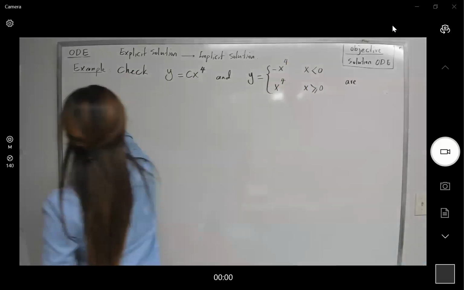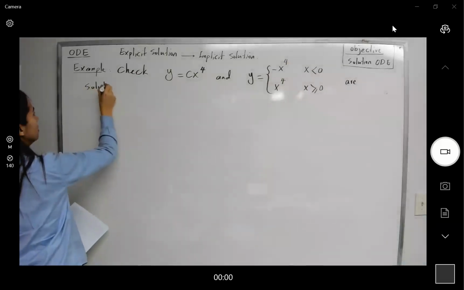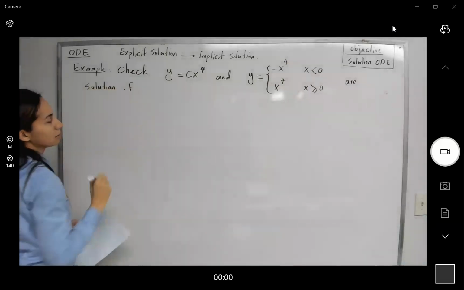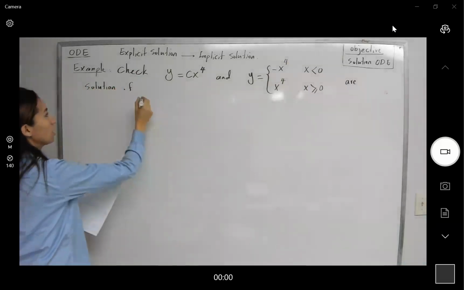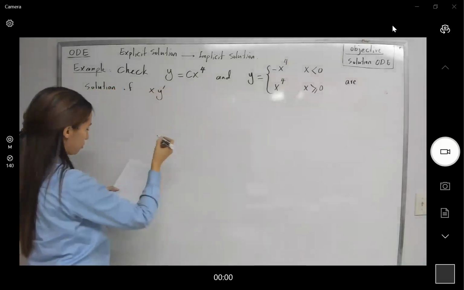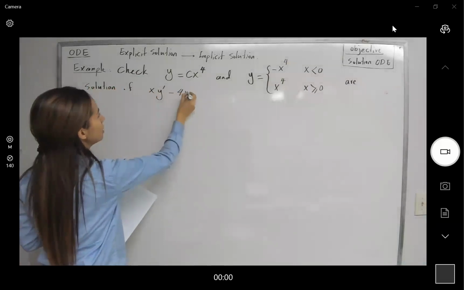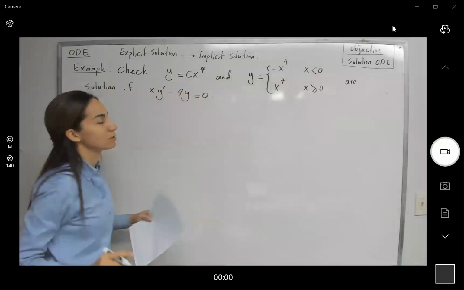Our solution of the differential equation, well, x y prime minus 4y equal to 0.